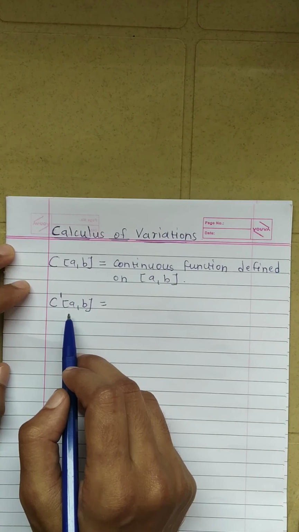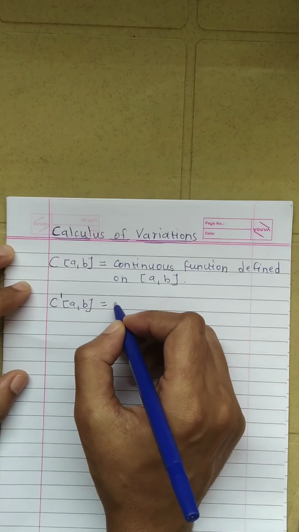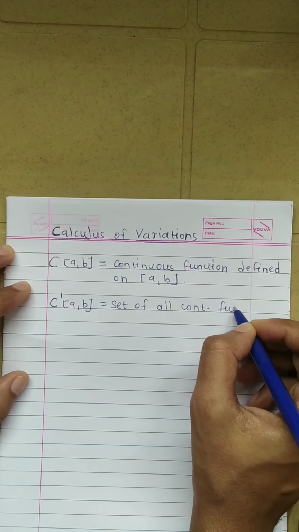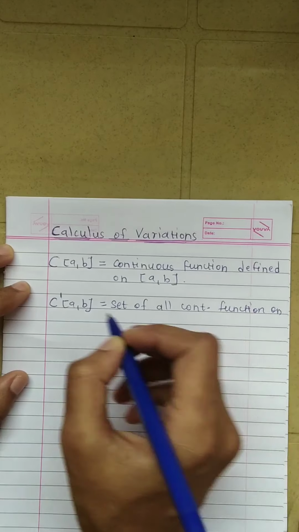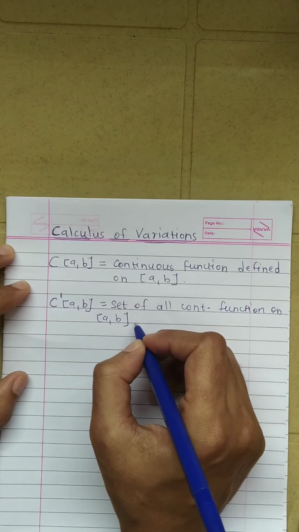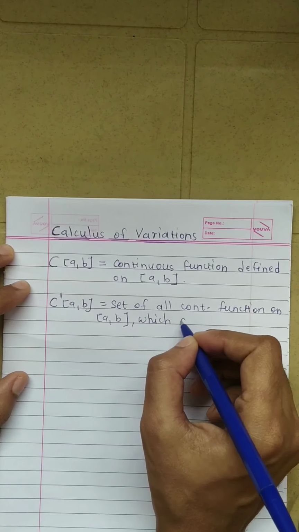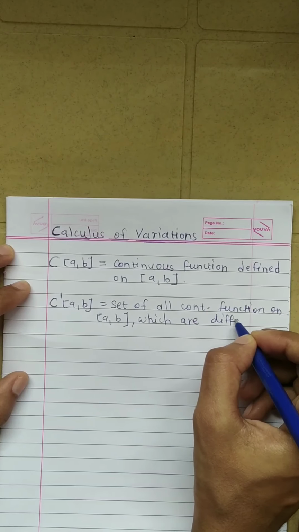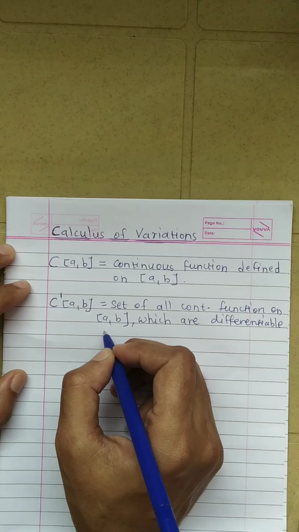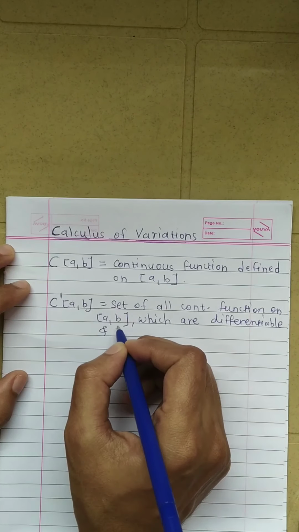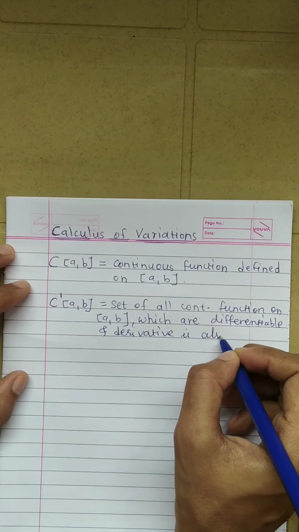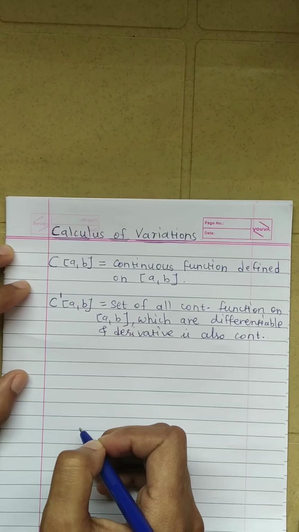Okay, so this will be the set of all continuous functions on closed interval [a, b] which are differentiable and the derivative is also continuous.